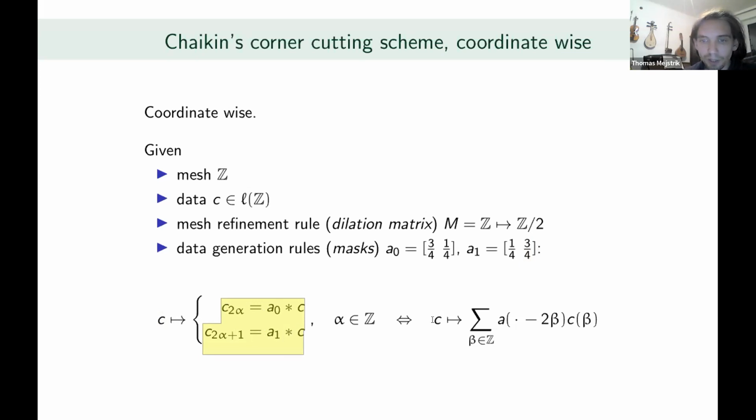We can write this slightly shorter by using one formula instead of 2 cases, which looks like a convolution, but we add here the factor of 2. So we always choose the correct value of the masks a0 and a1. And the 2 comes from the fact that we double the number of points in each step. We will see this formula later on. That's why I discussed it here.